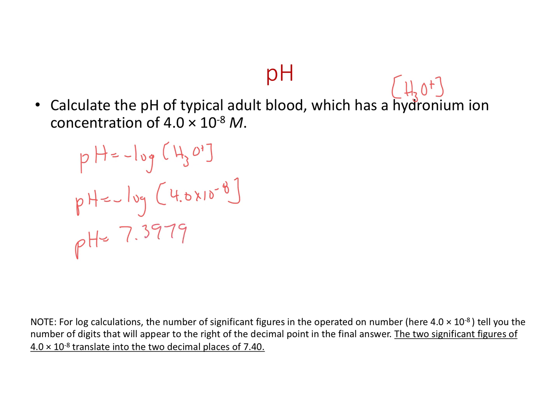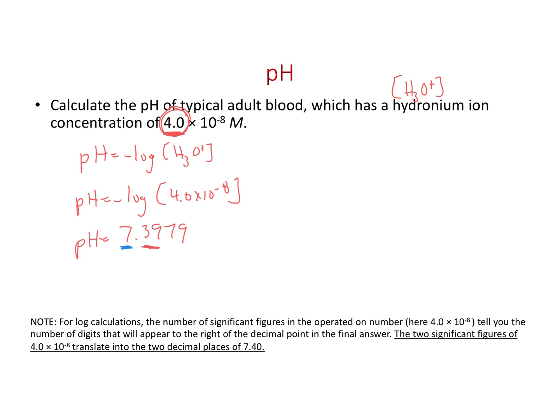7.3979. Now for everyone's favorite topic, significant figures. For this concentration, I have 2 significant figures, so everything counts there. For pH, the only numbers that count toward your significant figures are the numbers after the decimal. So we need to have 2 significant figures after the decimal place.